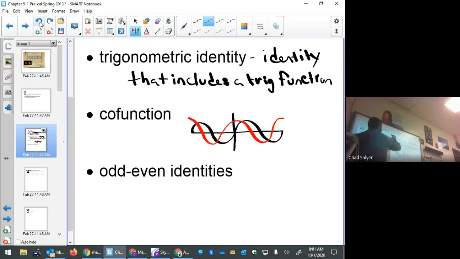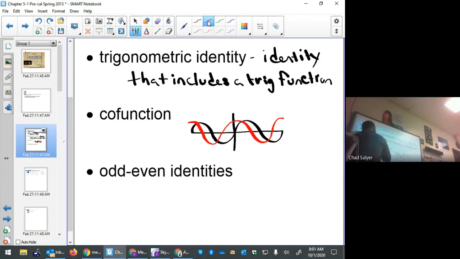I don't know if you can see it, but each is the other phase shifted a little bit. They have the exact same shape. They're just horizontally translated between the sine and cosine.